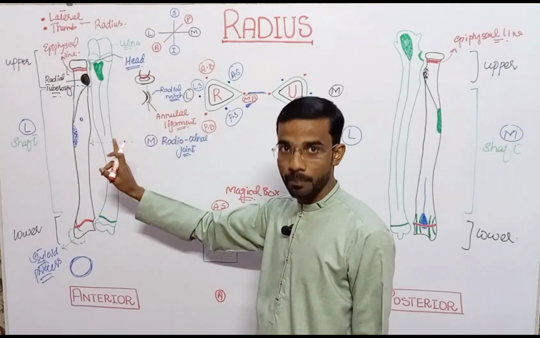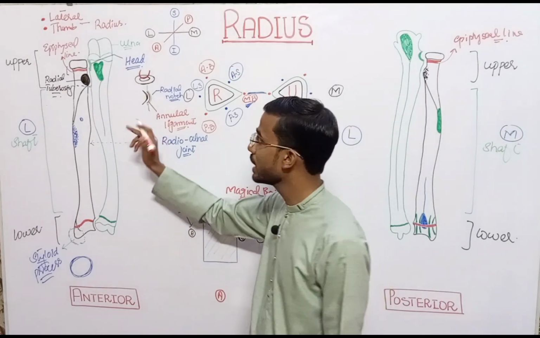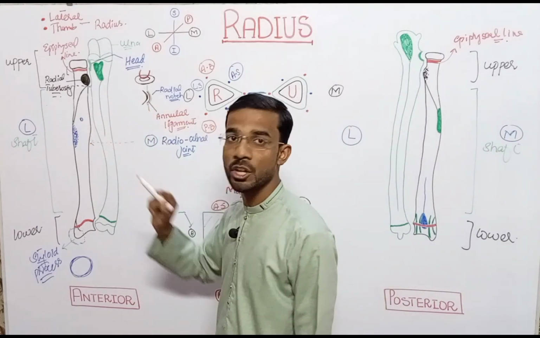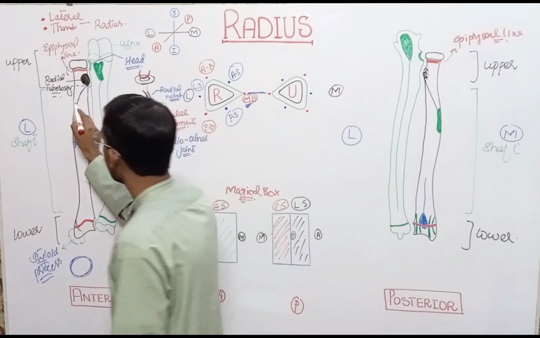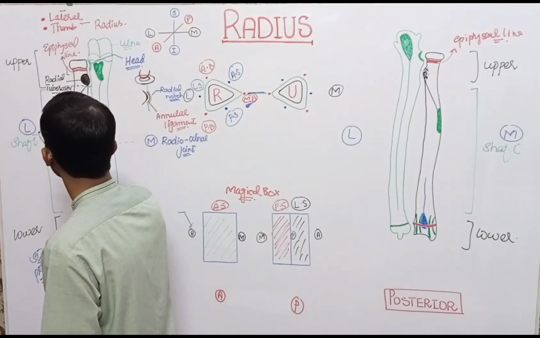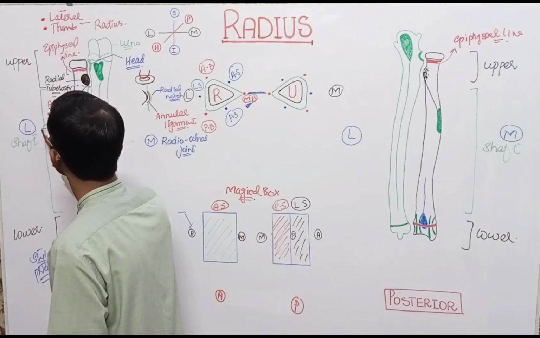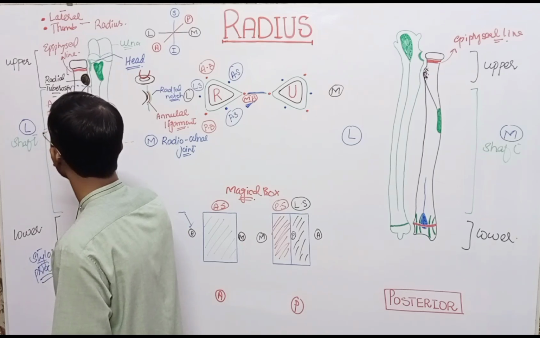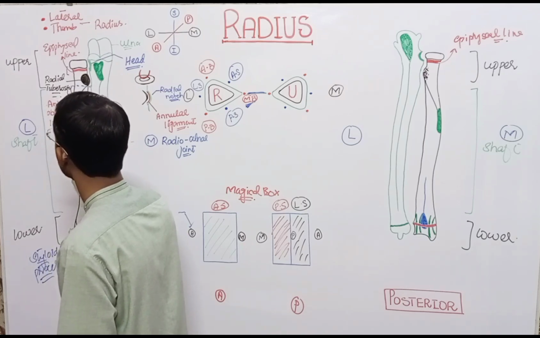At the upper portion of the shaft, you will see that the anterior border is oblique. This is called the anterior oblique line.